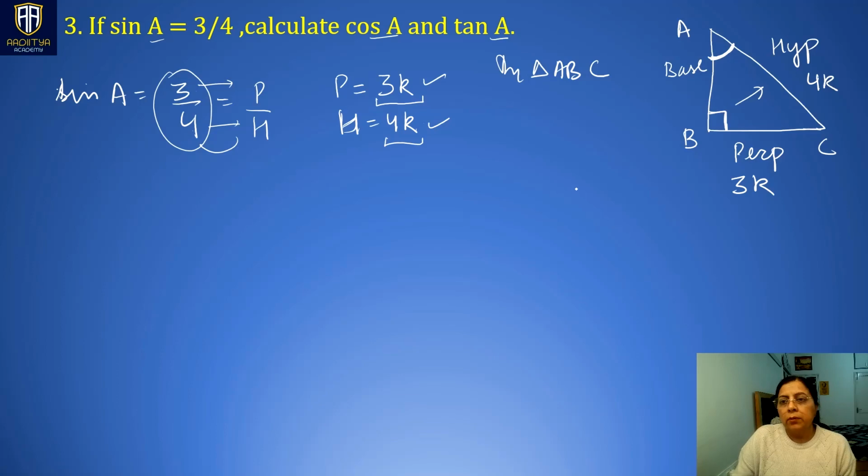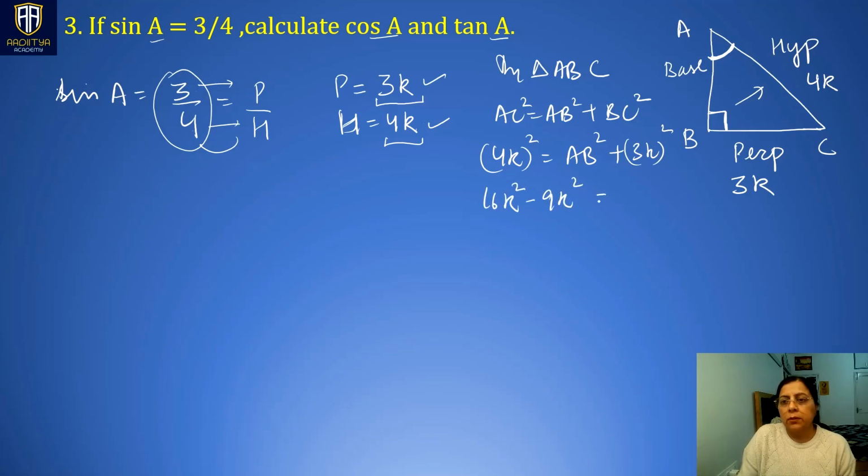So in triangle ABC, AC square is AB square plus BC square. AC square here is 4k whole square. AB square we have to find, and BC square is 3k whole square. This is 16k square minus 9k square, which is AB square, and that is 7k square.